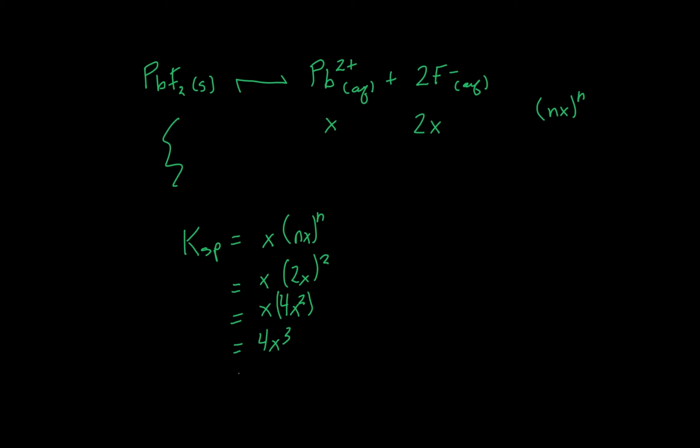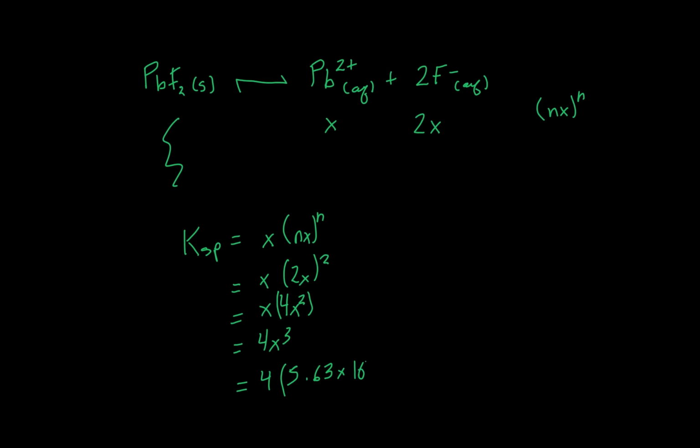All right, and now we just sub in the molar concentration. So we've got 4 times 5.63 times 10 to the negative 3, and that is cubed.